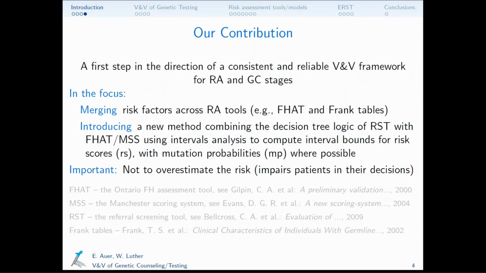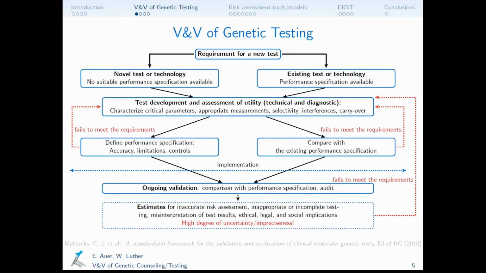So now let's turn to verification and validation of genetic testing first. There is an ISO guideline for doing so shown on the slide. So basically, the verification and validation process depends on whether the technology is new or already existing.